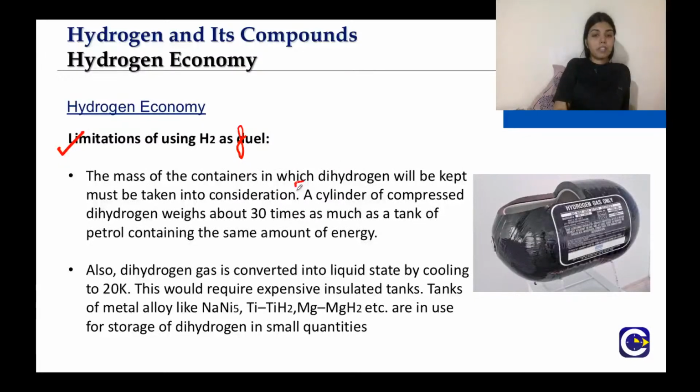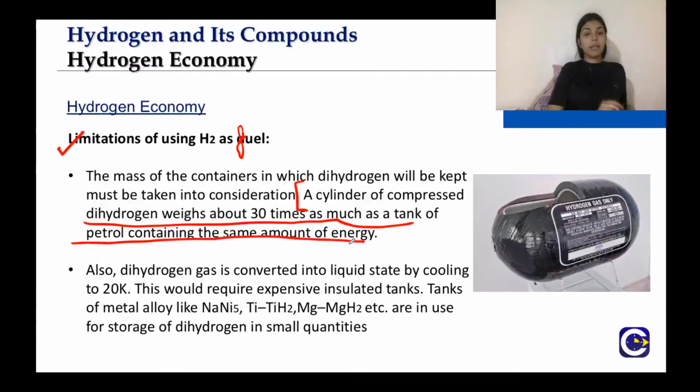For example, a cylinder of compressed dihydrogen weighs about 30 times as much as a tank of petrol containing the same amount of energy. That means for petrol you need a small tank, but to use dihydrogen as a fuel, you need a 30 times heavier tank. Okay, so this is the first limitation.